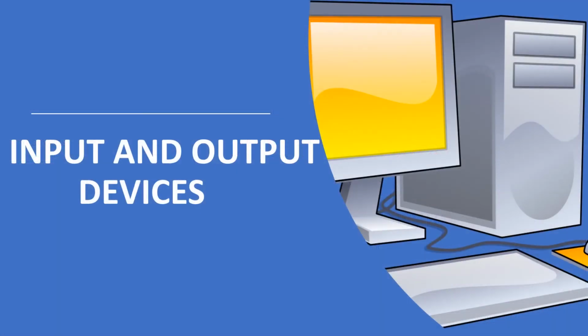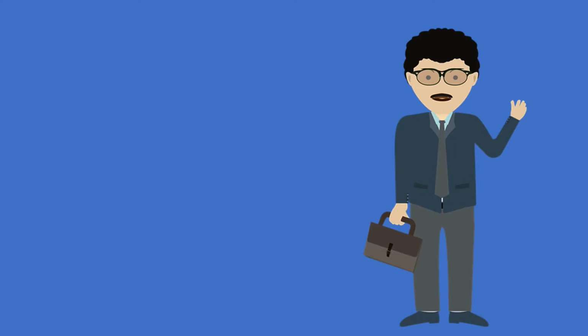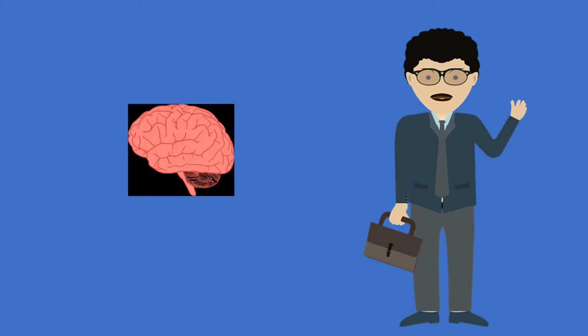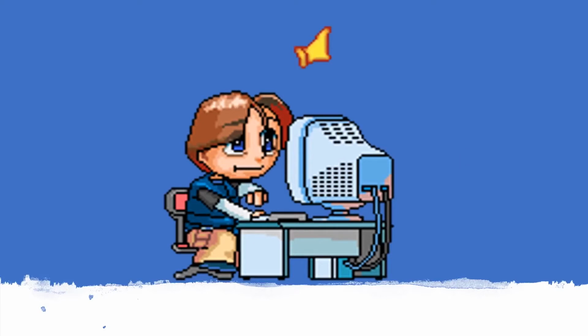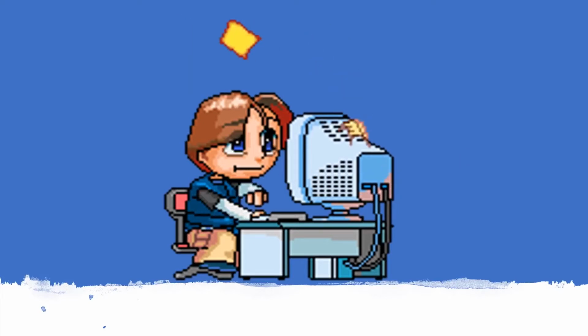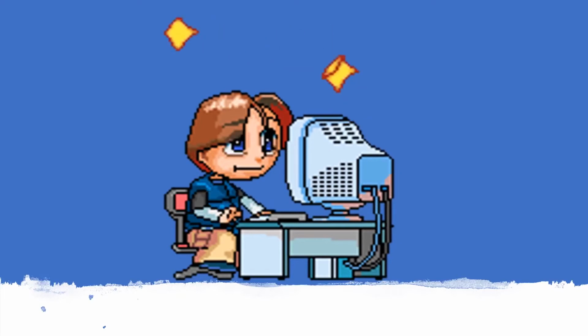Input and output devices. Input devices. In human being, input is given to the brain through the 5 sense organs: eyes, nose, tongue, ears and skin. Similar to this, in a computer, input is given to the brain of the computer CPU through the input devices.